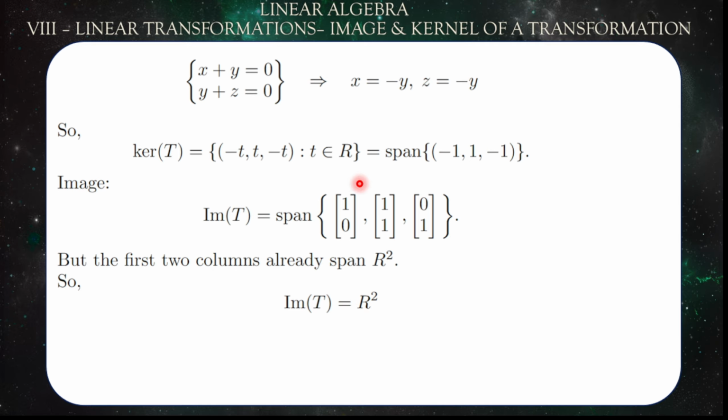Or you can take the first 2 columns, which are 1, 0 and 1, 1. These two are also unique. So the span, image of T, is equal to R2, and the dimension of ker T is equal to 1. 1 plus 2 is equal to 3, which gives us back the dimension of the V space.